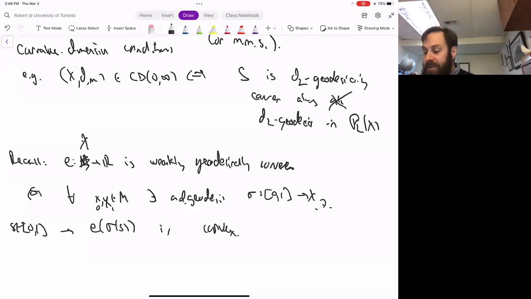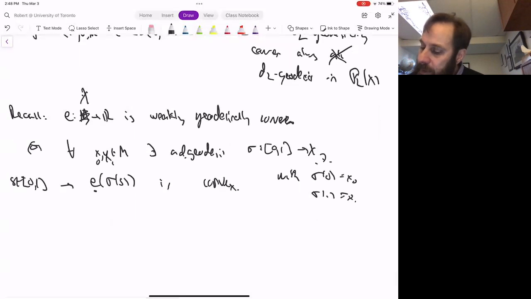So weak geodesic convexity doesn't say that E is going to be convex along all geodesics joining these points. I should have said that sigma of 0 should be X0 and sigma of 1 should be X1. But weak convexity asserts the existence of a geodesic joining every pair of points, and it asks for convexity of the entropy along it.